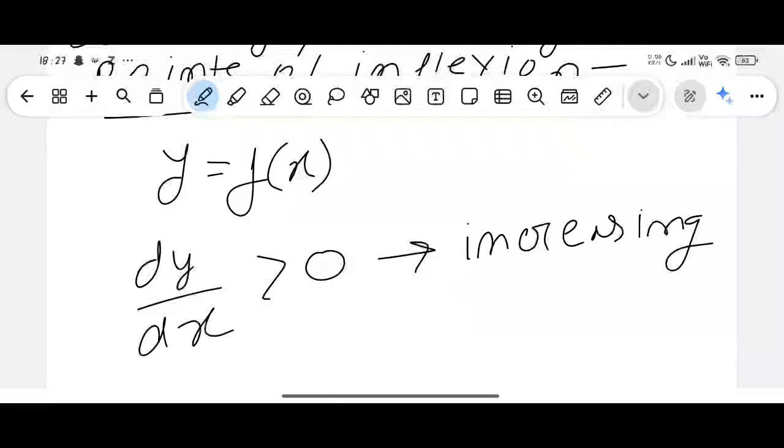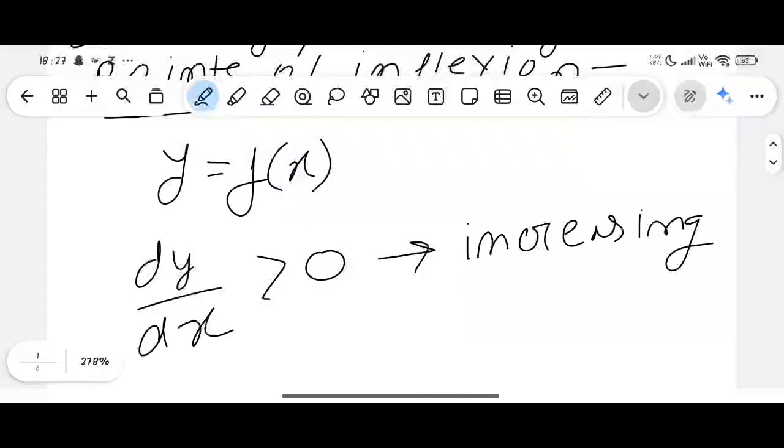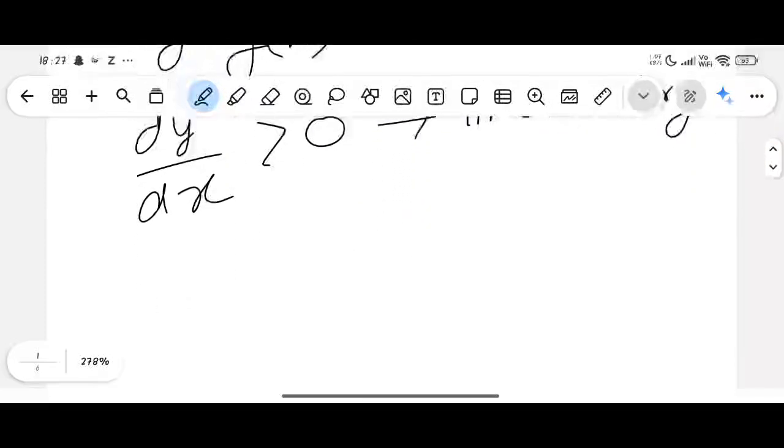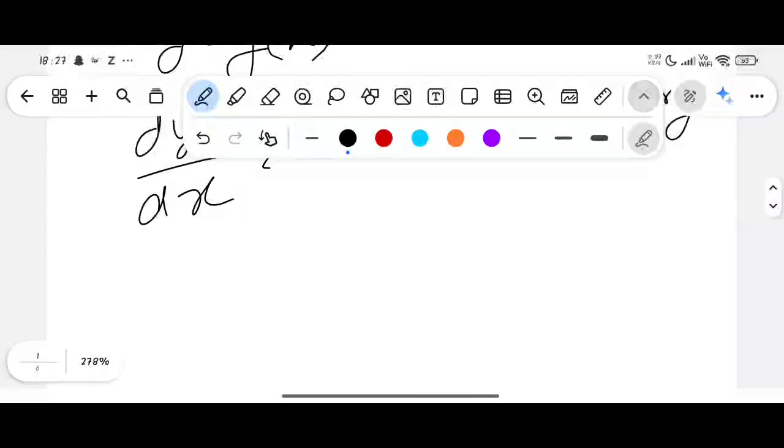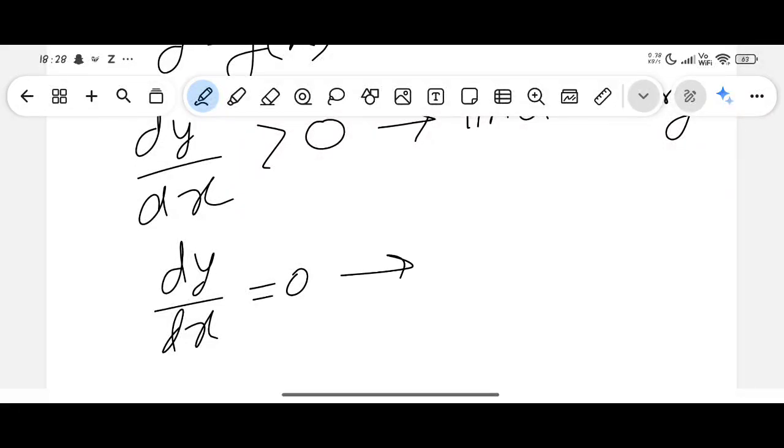We will also see different intervals where a graph is increasing and where it is decreasing. Now if dy dx is equal to 0, then it has either a maximum or a minimum.